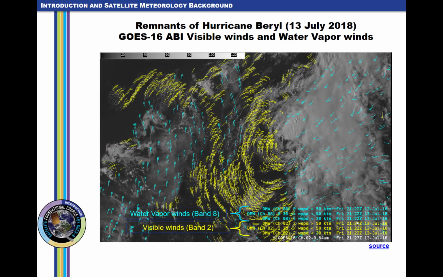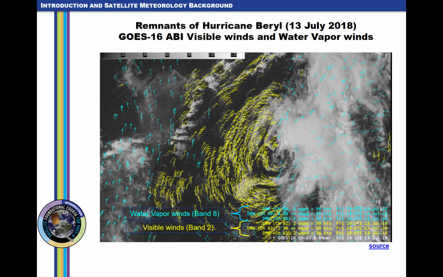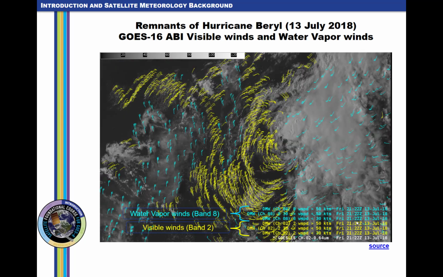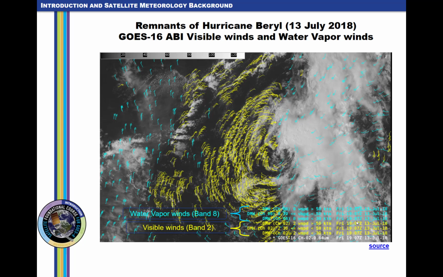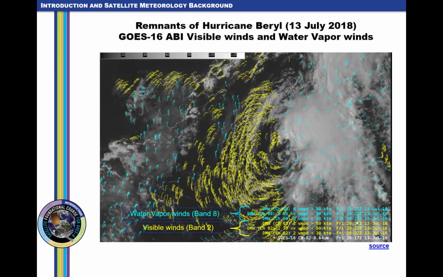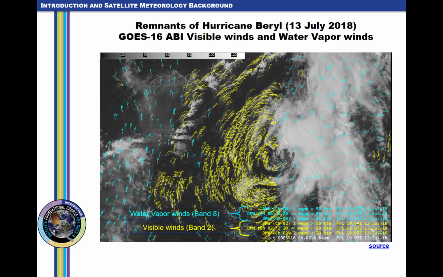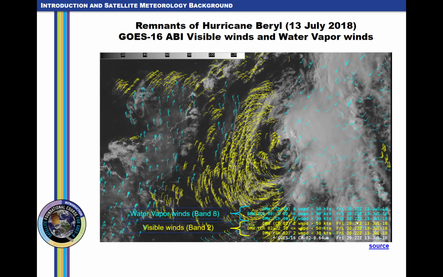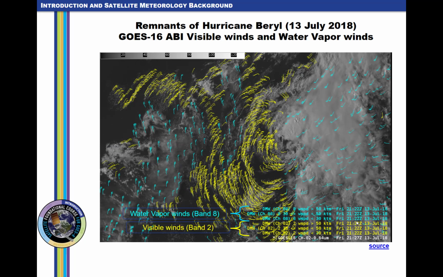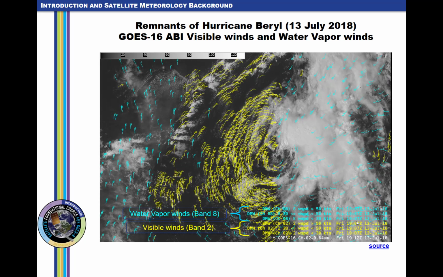This example shows the complementary coverage provided by combining the low-level visible winds, calculated using the half-kilometer resolution band 2, 0.64 micrometer imagery, and cloud-top water vapor winds, calculated using 2-kilometer resolution band 8, 6.9 micrometer imagery.